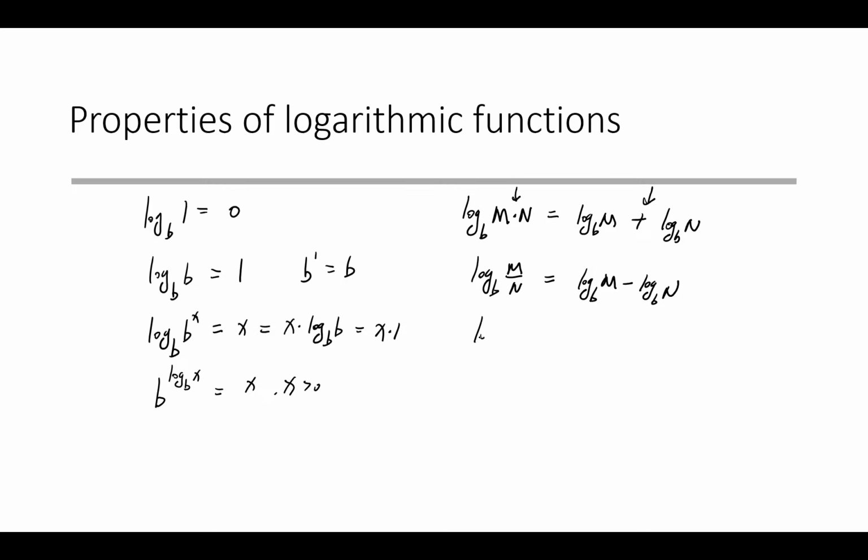One more, we have the log of m to the power of p. We can move p outside, p times log base b of m. Lastly, we have log base b of m and log base b of n. They are equal to each other if and only if m is equal to n. Right. So these are some general properties for logarithmic functions.